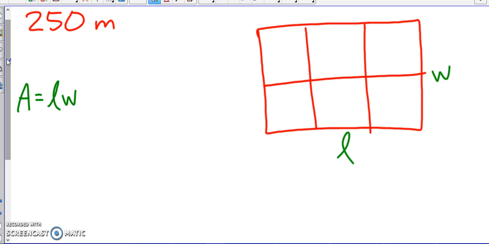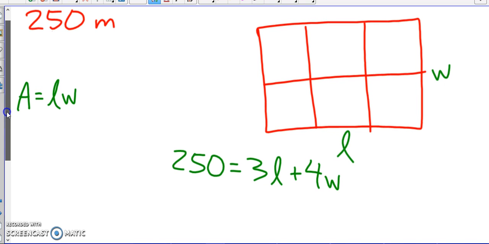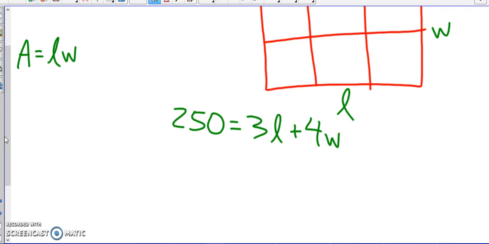Now, how would I set up the other part? All right. Then what did we need to do? All right, so solve for one of the variables. Which variable do you want to solve for?